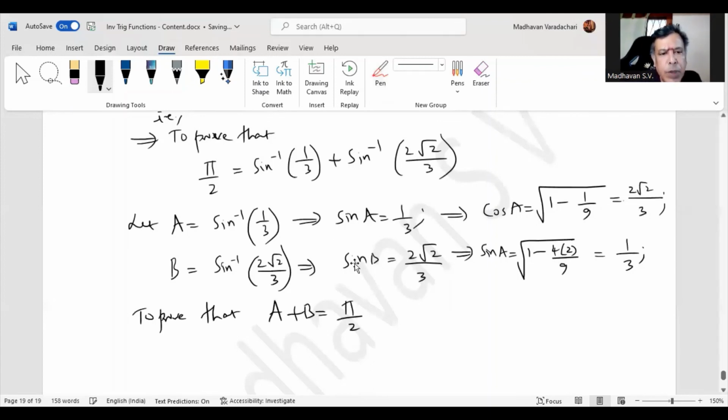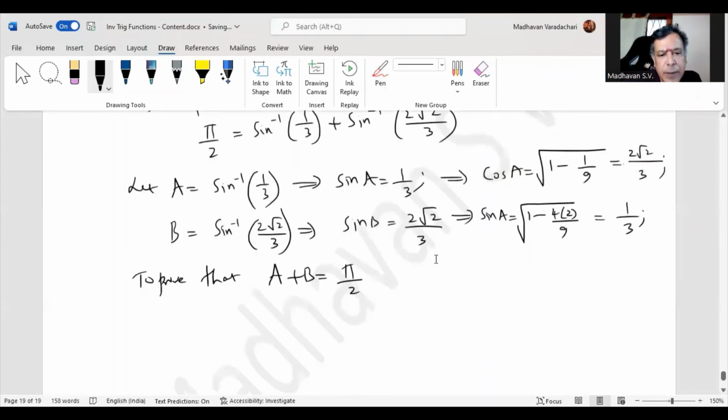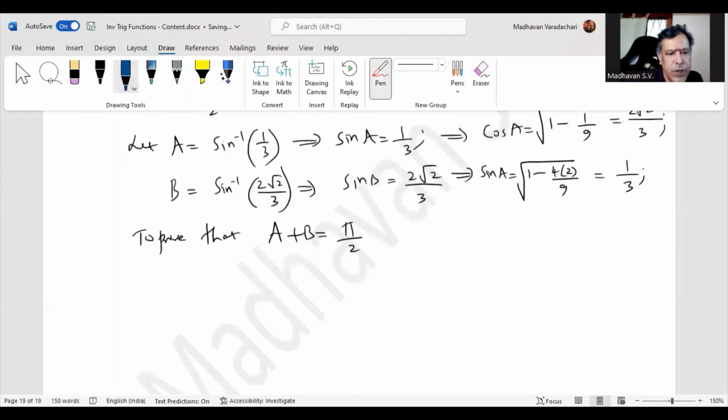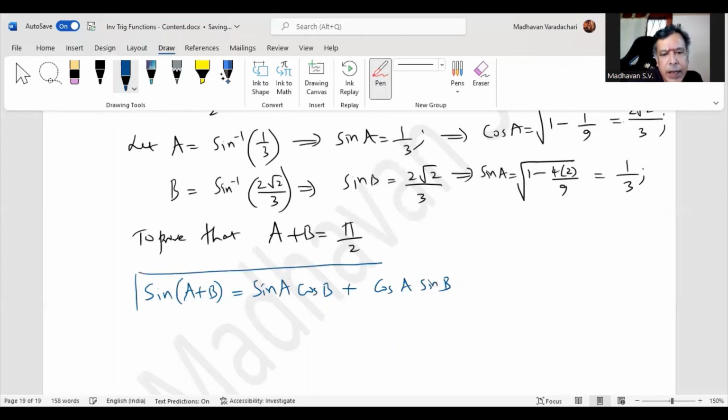That is what we have to prove, because we have assumed this as A and this as B. Now let us use this trigonometric identity: sine of A plus B equals sine A cos B plus cos A sine B. We'll be using this identity now.